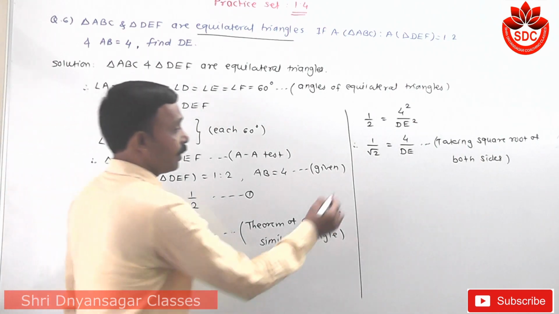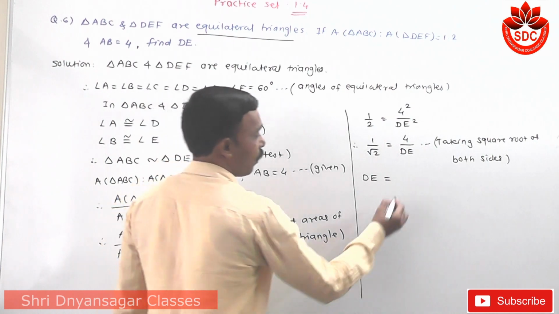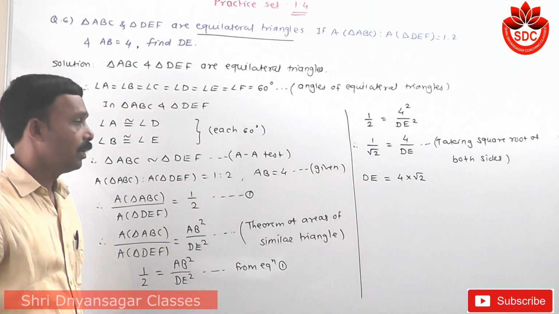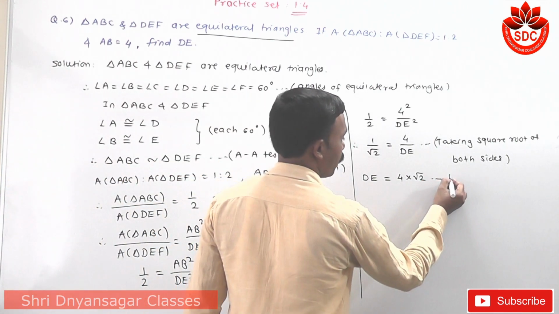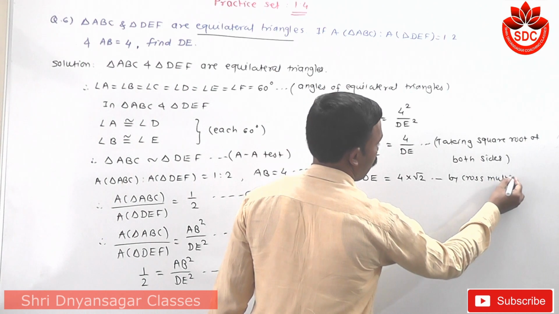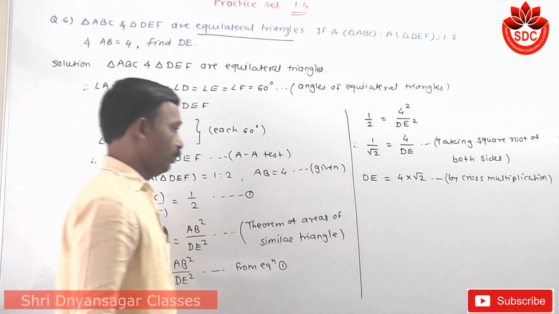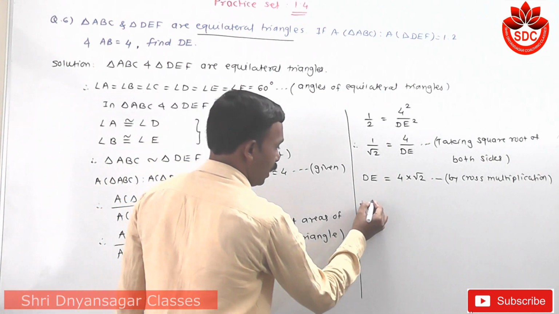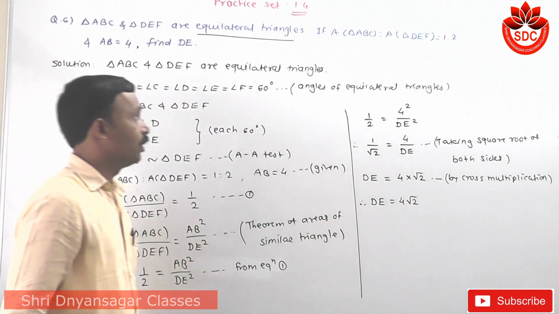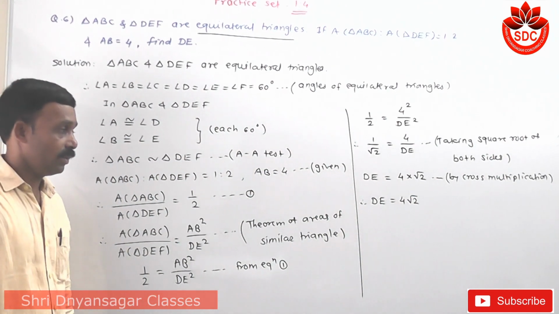Then by cross multiplication, 1 into DE is DE is equal to 4 root 2. This means the value of DE is equal to 4 root 2. This is our answer here. Can you understand this? Okay.